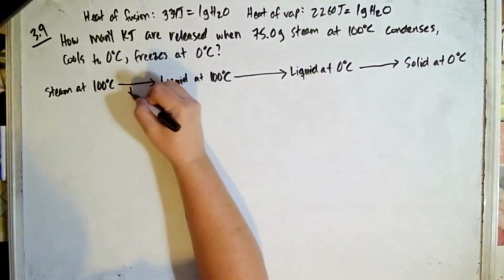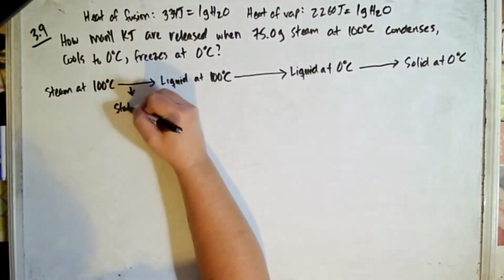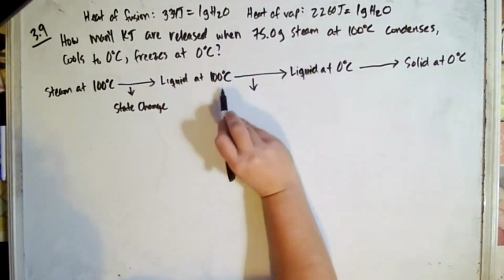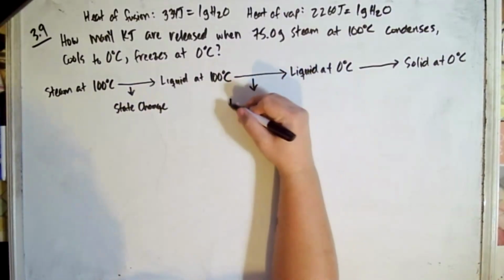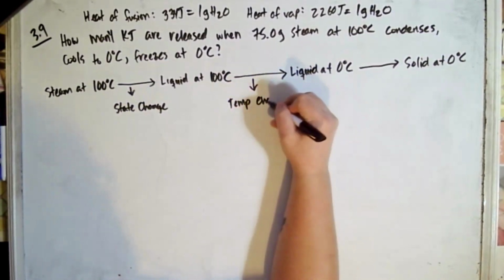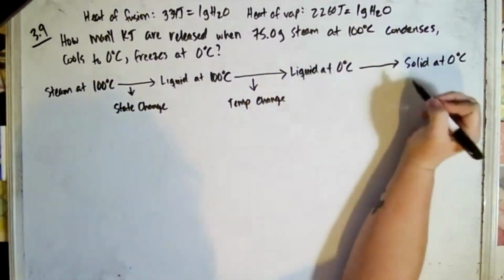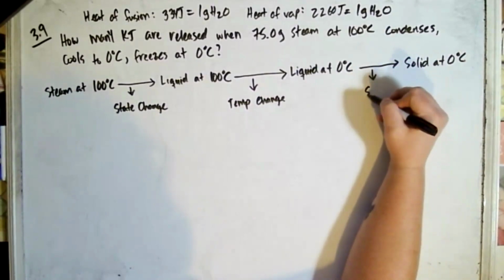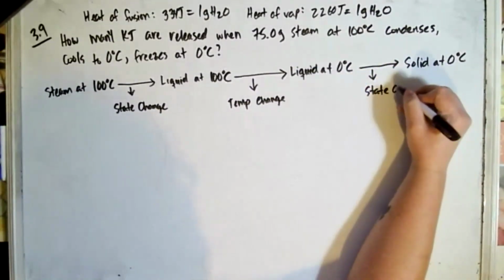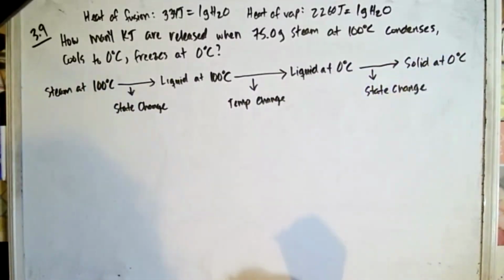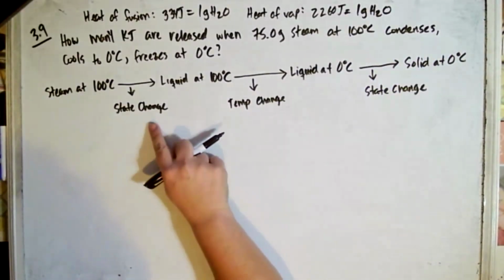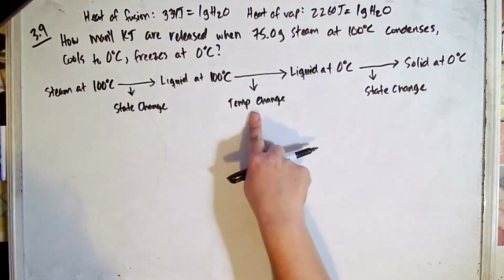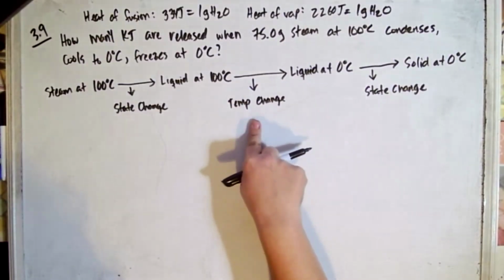Okay. So this is going to be our condensation, which is our state change. 100 degrees Celsius to 0 degrees Celsius is our temperature change. And then our liquid at 0 to solid at 0 is another state change. Okay, so remember, for our state changes, we're going to use our heats of fusion and our heats of vaporization. For our temperature change, we're going to use our heat equation.